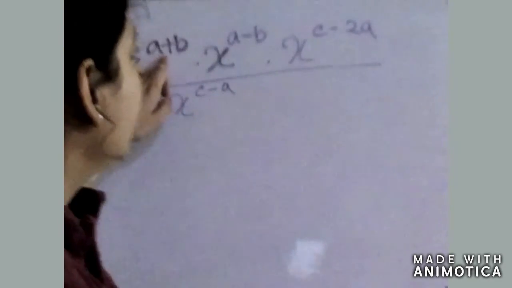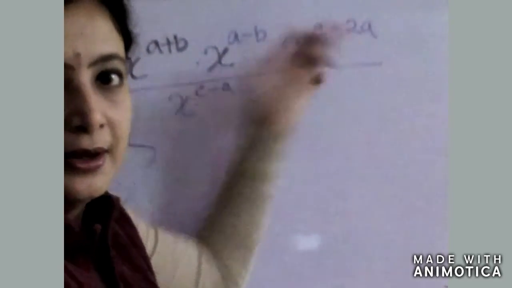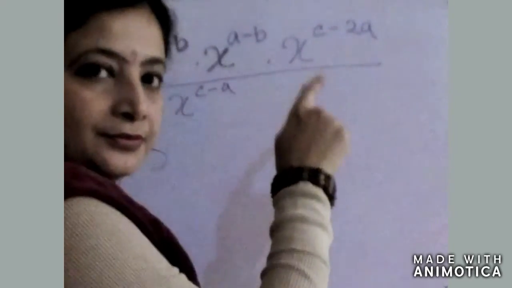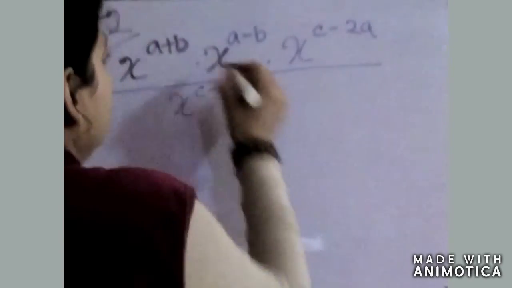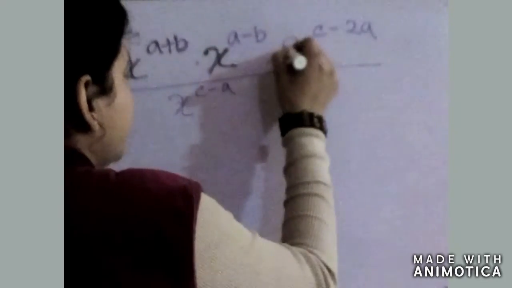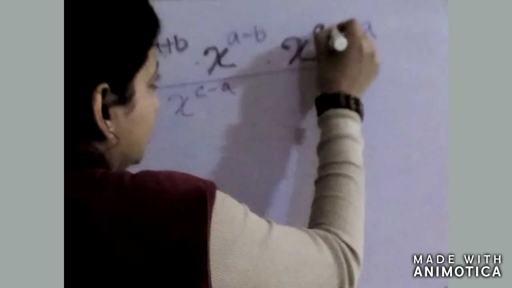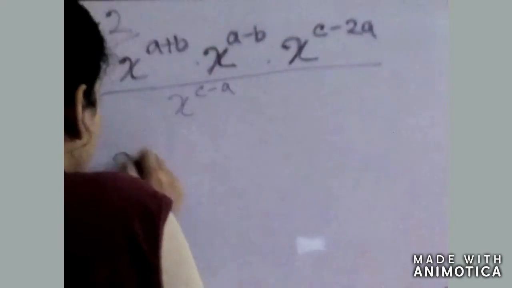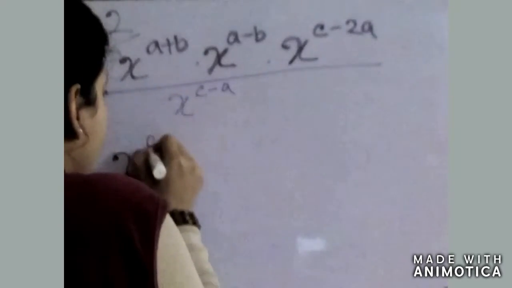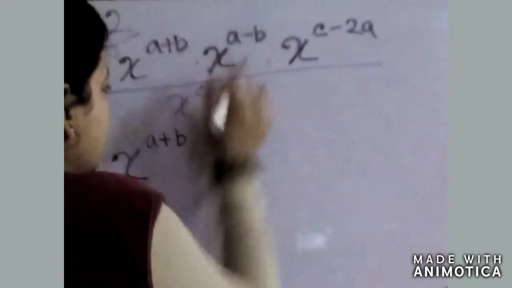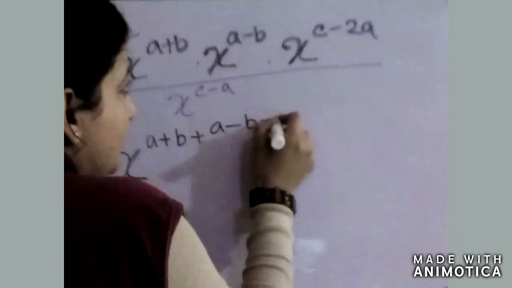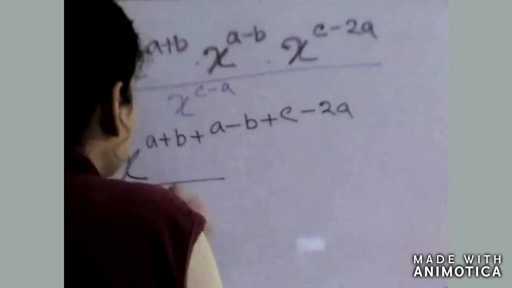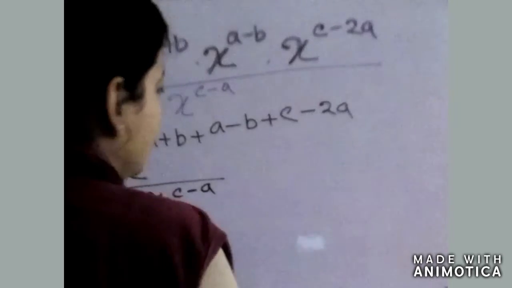Though the powers are written in a plus b, a minus b, or c minus 2a, we will apply the formula. According to the formula, it will be this plus this plus this, because the bases are the same, x. In all the cases the bases are the same. So we will write x to the power a plus b, this one plus this one, a minus b plus this one, c minus 2a, by x to the power c minus a.